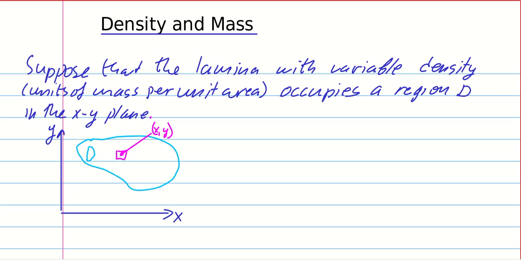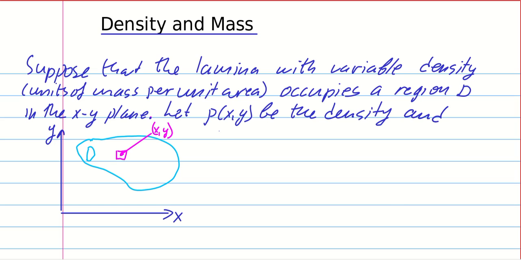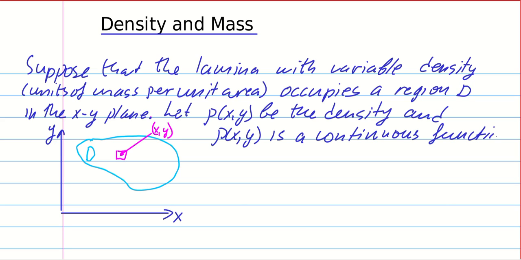So let rho of xy be the density, and rho of xy is a continuous function on the region D. So what does it mean?